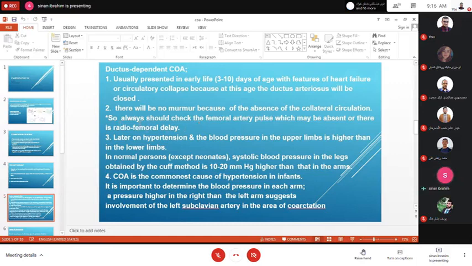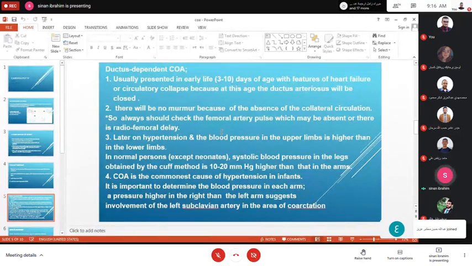Also, we should always check the femoral artery pulse, which may be absent or maybe there is a radiofemoral delay. لذلك احنا بالexamination, cardiovascular examination, we say always you should check the forelimbs, the upper limbs, and lower limbs for excluding of coarctation of the aorta.